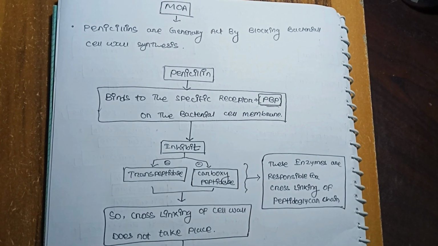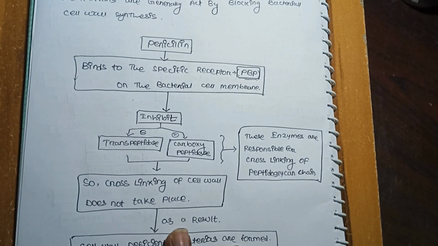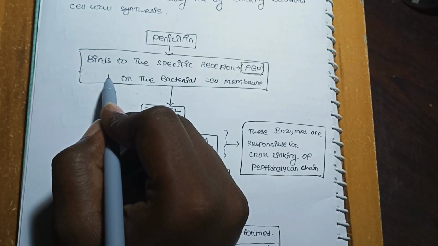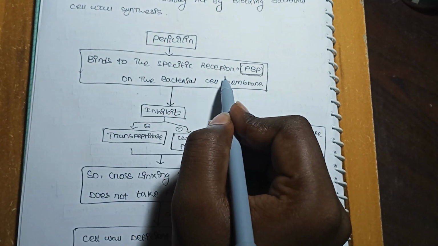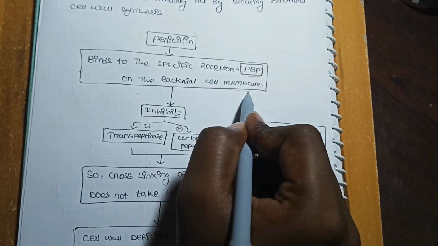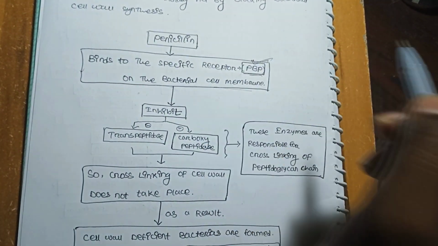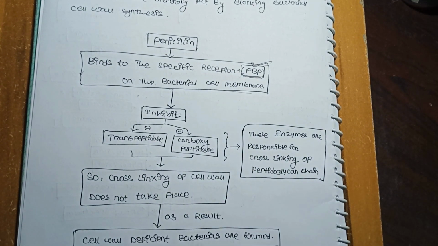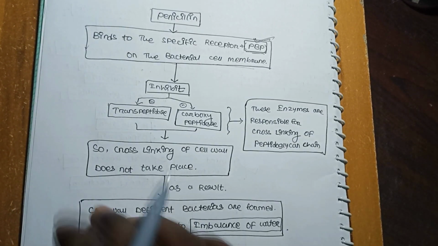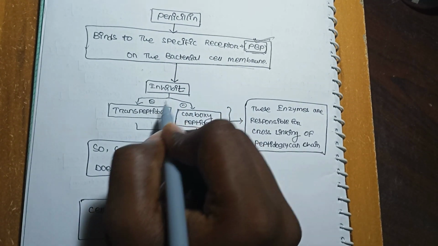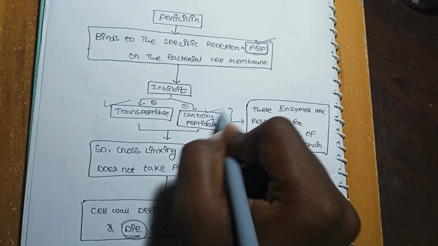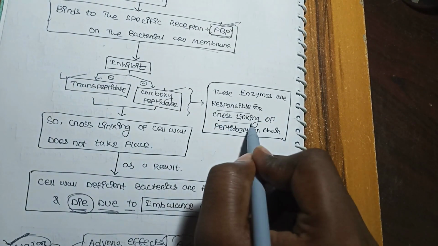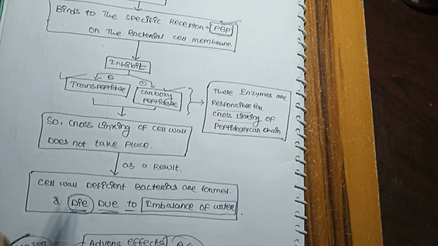Now coming to the mechanism of action of penicillins. When we take penicillin, it goes and binds to specific receptors present on the bacterial cell membrane, that is the penicillin binding protein. Penicillins bind to the penicillin binding protein and inhibit the transpeptidase and carboxypeptidase enzymes, which are responsible for cross-linking of the peptidoglycan chain.